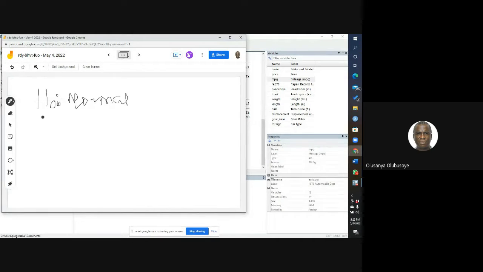The alternative is saying not normal. So if you reject the null, then of course you conclude that it is not normal.